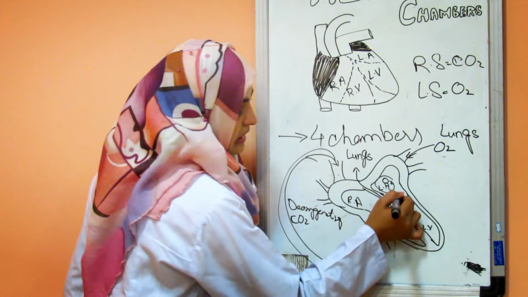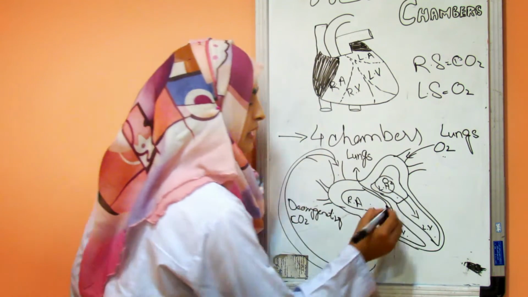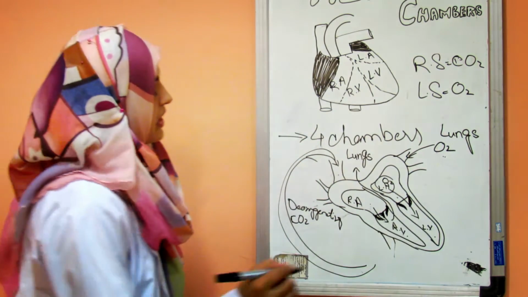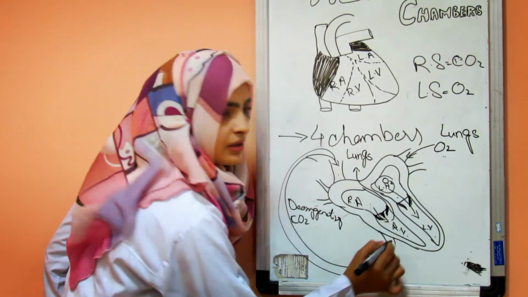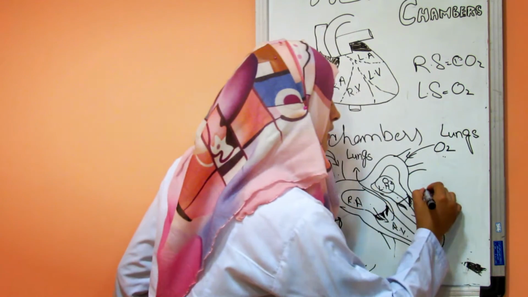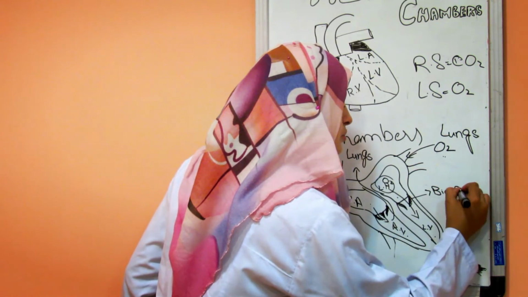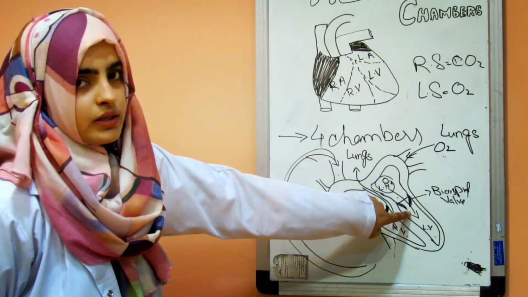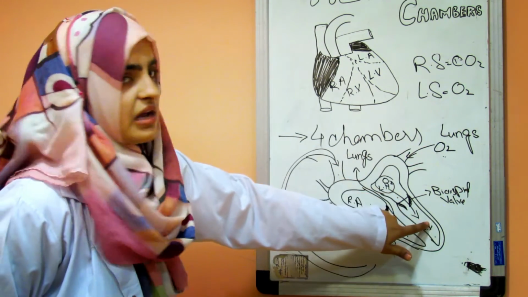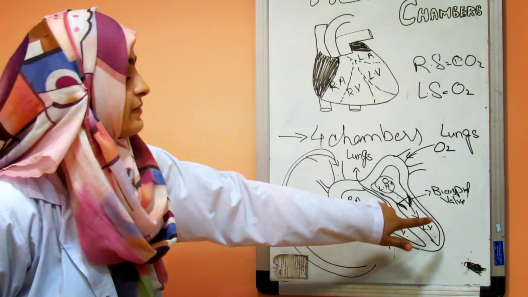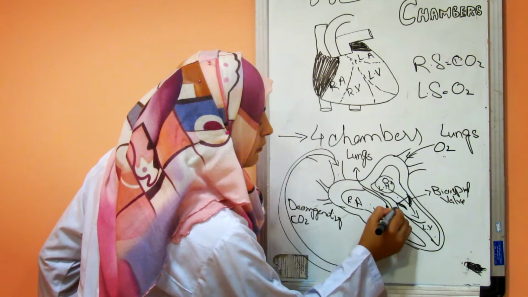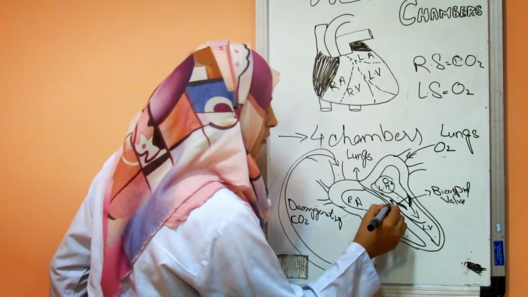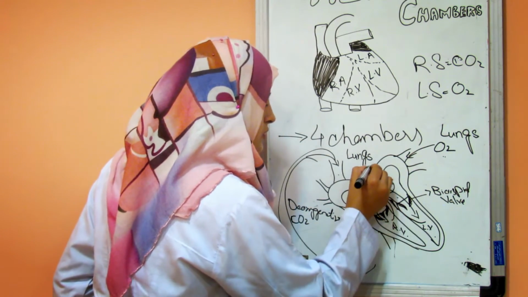There is also a valve between the left atria and the left ventricle, and this valve is called the bicuspid valve. Why is it called the bicuspid valve? Here you can see that I have drawn only 2 cusps. Because of these two cusps, we call it the bicuspid valve. Through this bicuspid valve, the oxygenated blood goes from the left atrium into the left ventricle, and this oxygenated blood leaves the left ventricle through another valve between the aorta and the left ventricle, called the aortic valve, and goes to the whole body.